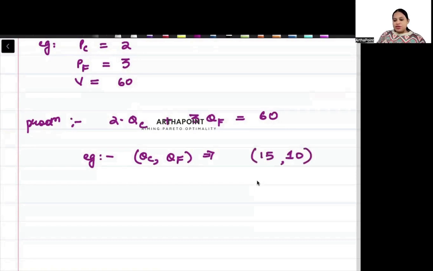It will lie on this line, beta. Look carefully: 2 into 15 is 30, 3 into 10 is 30, 30 plus 30 is 60.